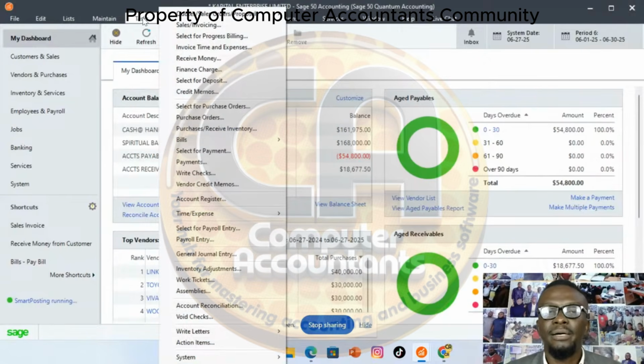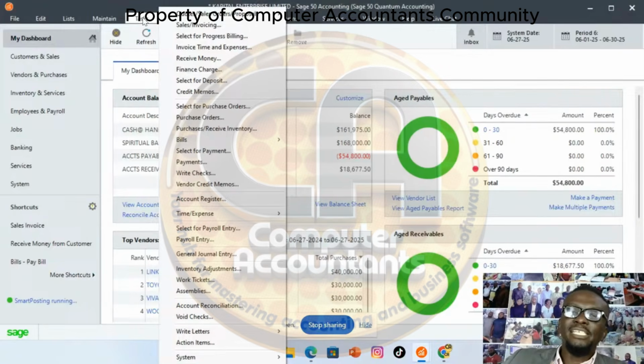So let's pay somebody. There are two ways to apply discounts on accounting software. Number one is on the spot. On the spot where you are doing the transaction, you can apply discount, or you can apply cash discount at the point where a customer is coming to pay.